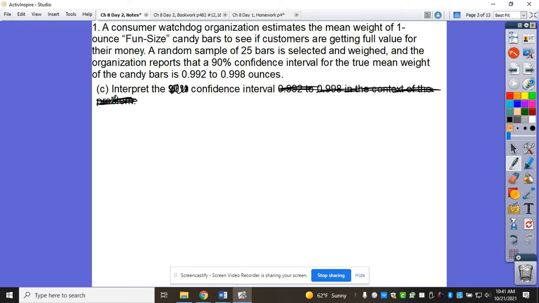Is the interval the percent or the 2 green dots? The 2 green dots. So the 2 green dots are specific numbers, right? From my data. So when I am interpreting the confidence interval, I am interpreting in context using specific numbers from my data. I would go ahead and get out whatever you wrote on your notes from yesterday so that you're looking at this as you go along.